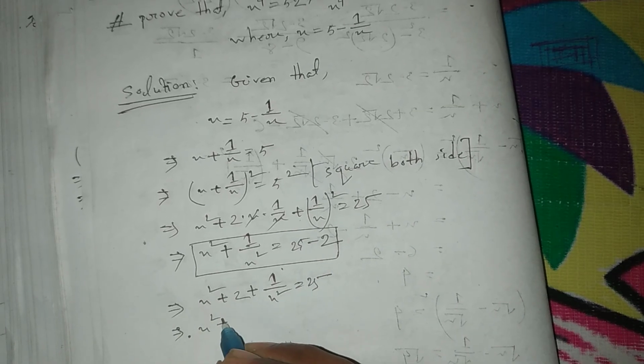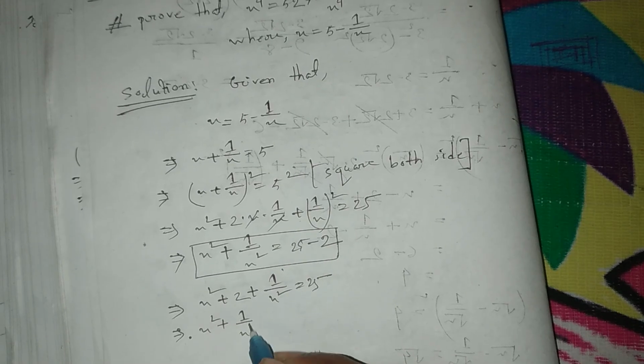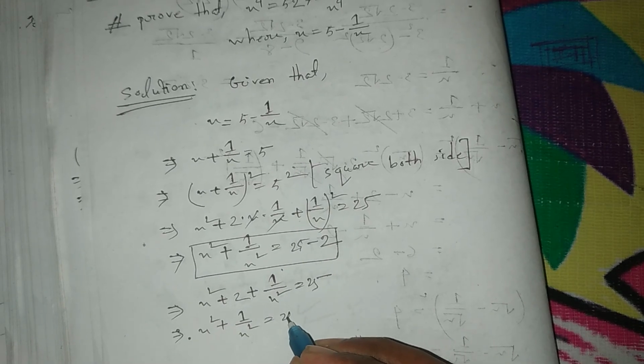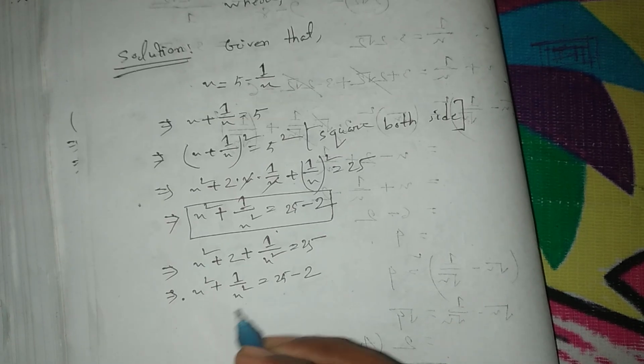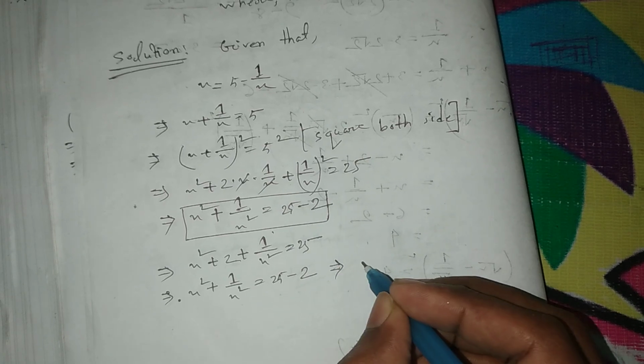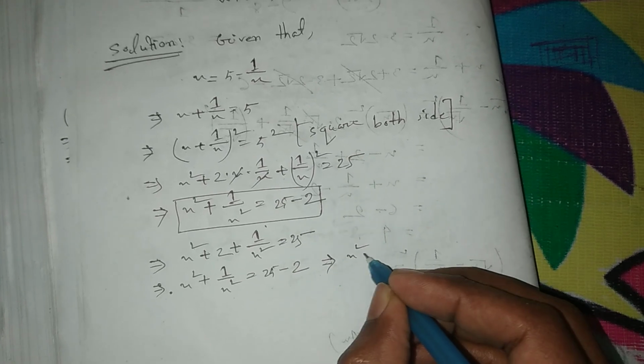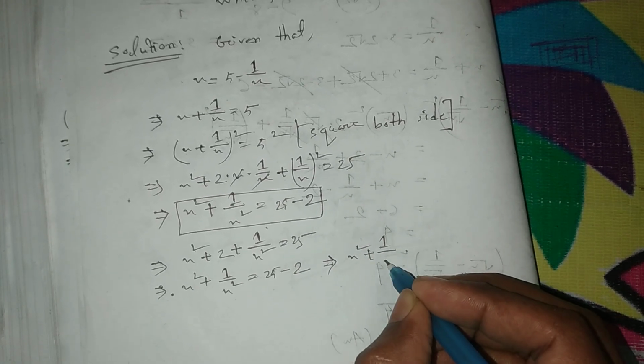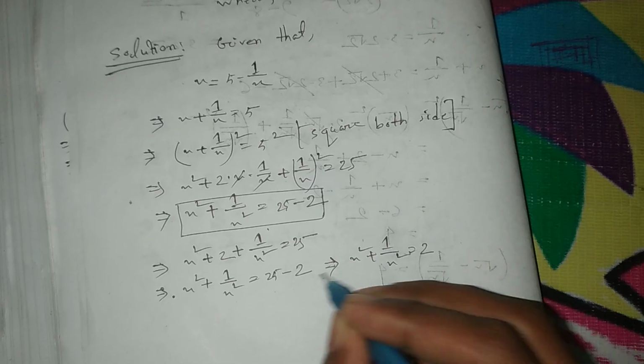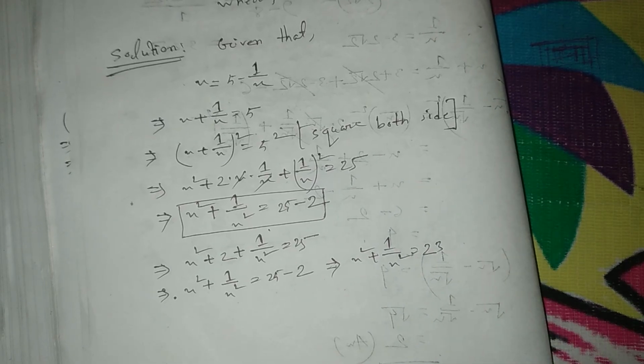Now x square plus 1 by x square is equal to 25 minus 2, which means 23.